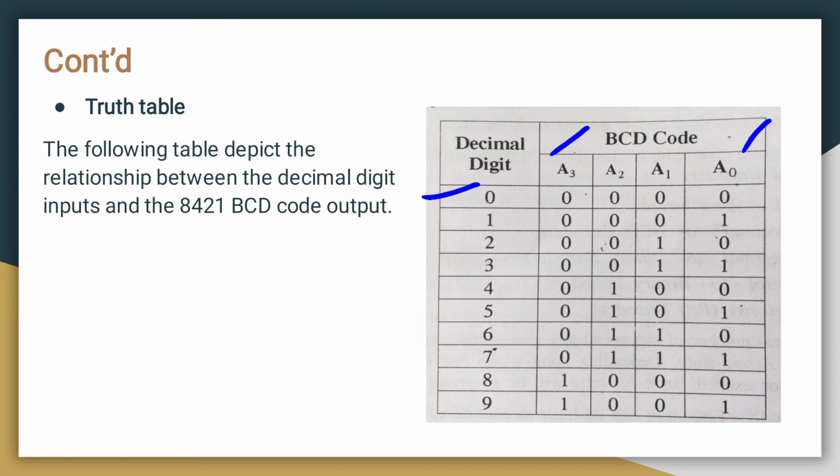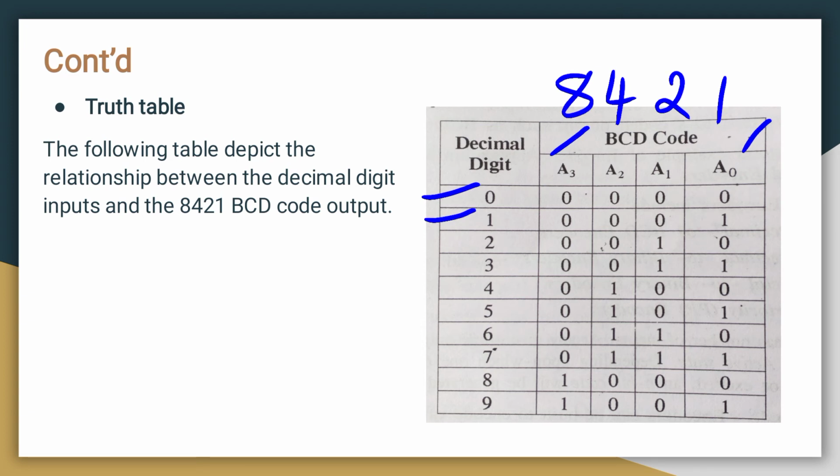For 0, if you are going to write with 4 bits, you are going to assign the place values 8421. So if you want to write 0, then all the places should be 0. When we add the places according to this, 0, 0, 0, 0, then we will get the output as 0.